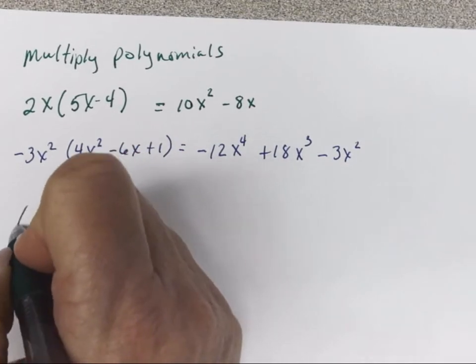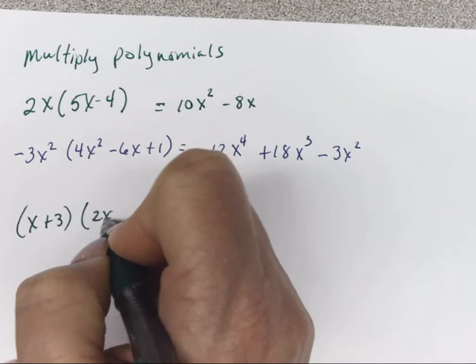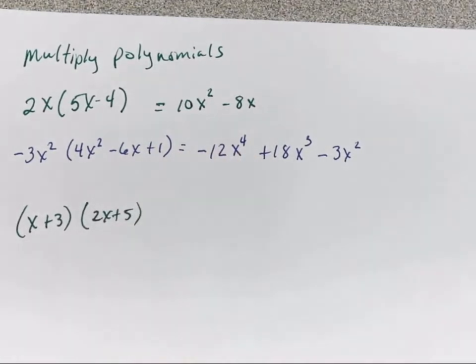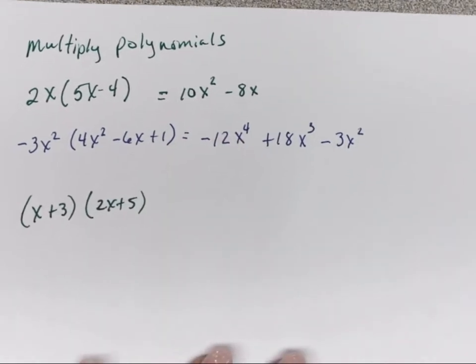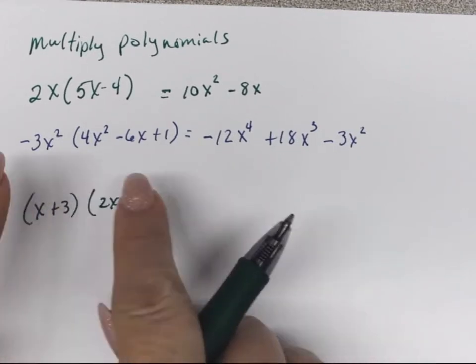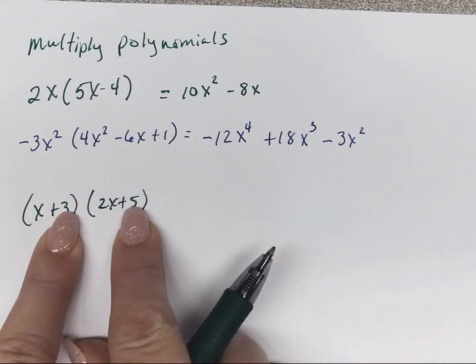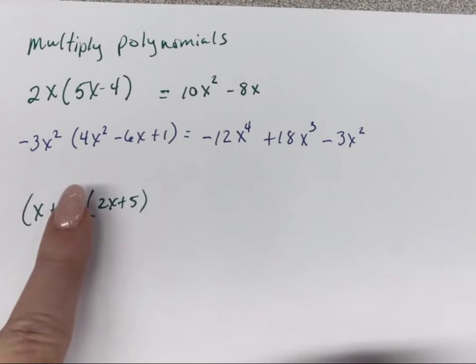All right, if we have x plus 3 times 2x plus 5. Now, if you don't want to think about FOIL, I'm going to show you how you do FOIL without thinking about it. FOIL is the first terms, the outside terms, the inside terms, and the two last terms. This is how I usually will do it though.